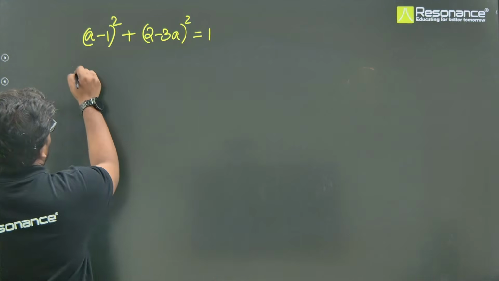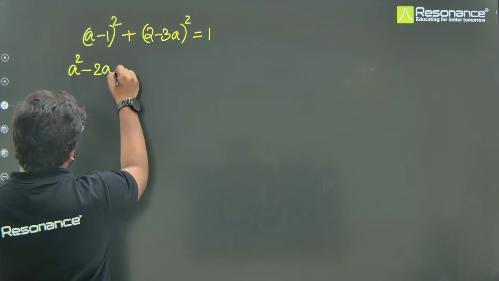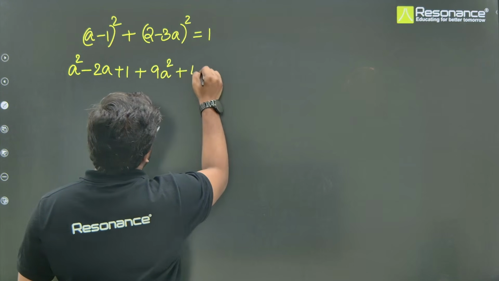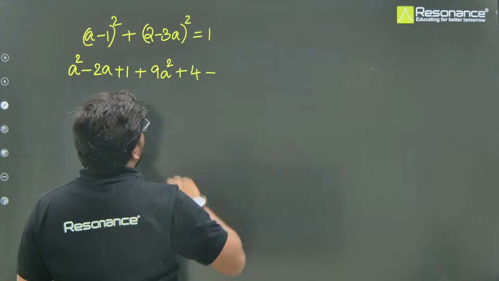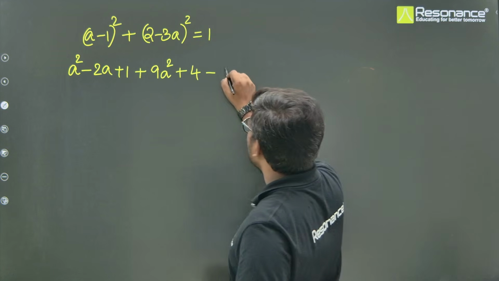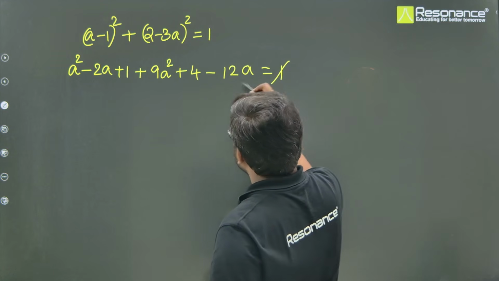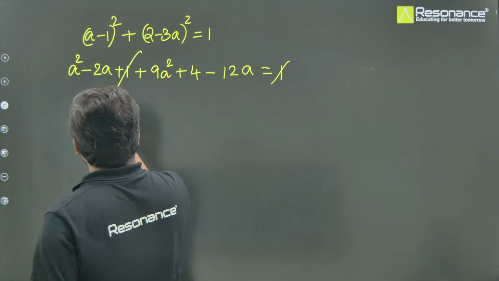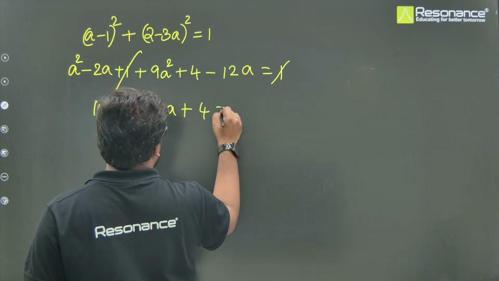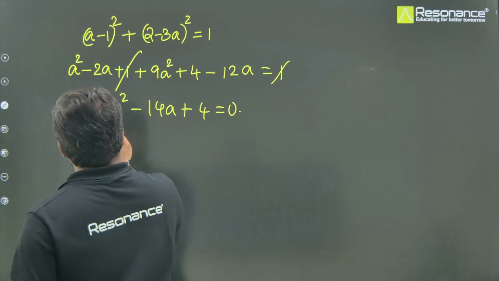Bring it on: a square minus 2a plus 1 plus 9a square plus 4 minus 2 into 2 into 3a, which is 12a, equals 1. So we have 10a square minus 14a plus 4 equals 0.